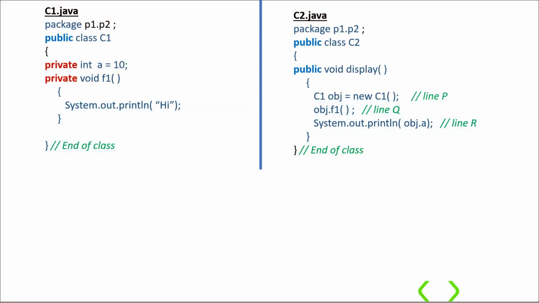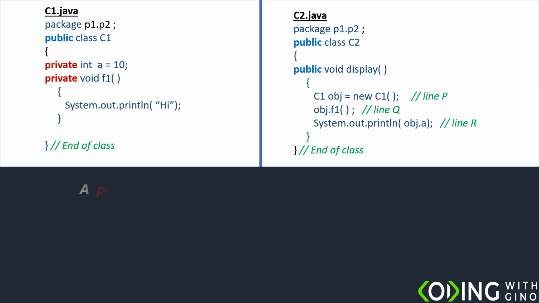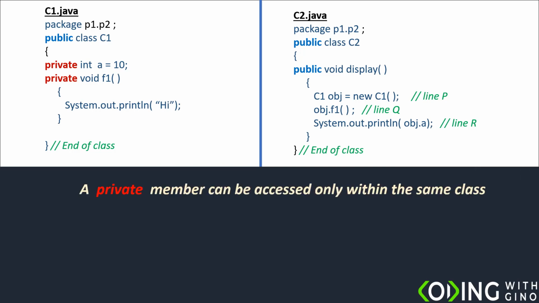We'll take the same example of C1 and C2. The only difference is members of class C1 are private. The variable a and method f1 are private. Do lines P, Q, and R work? A private member can be accessed only within the same class, while a public member is accessible everywhere. On line P, C1 is used in C2. Is that possible?